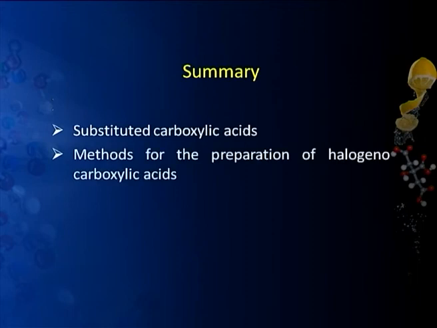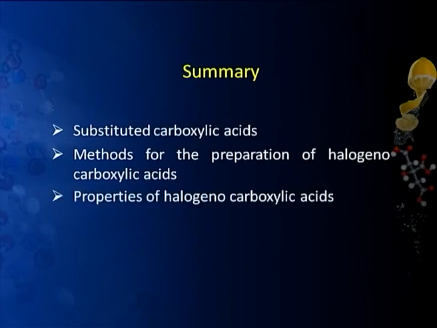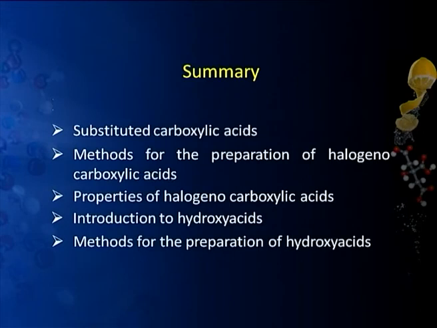We specifically took halogen substituted acids and hydroxy acids. We discussed their methods of preparation and properties, and also methods of preparation and properties of hydroxy acids. In our next session, we will take the detailed discussion of some specific examples of hydroxy acids like tartaric acid, malic acid and citric acid. Thank you.